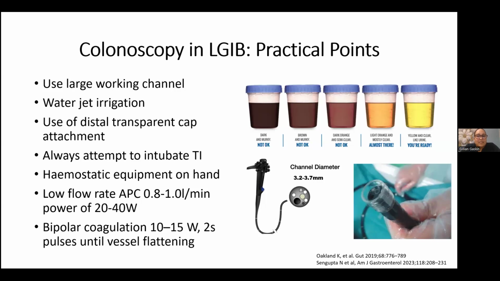The clear cap can also facilitate the endoscopic treatment by placing the target of therapy at an ideal and constant distance from the scope. The terminal ileum should be intubated as far as possible to exclude a proximal source of bleeding. And if bipolar coagulation is used, this should be used at a lower power, less pressure, and shorter pulses than what is used in the upper GI tract, and lower flow rates should be used when applying APC compared to the upper GI tract. It's also important for the endoscopist to be familiar with the various hemostatic equipment that is available in the unit.